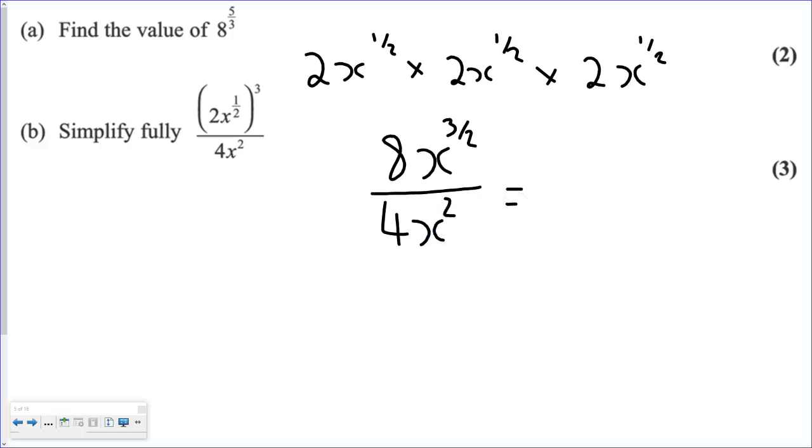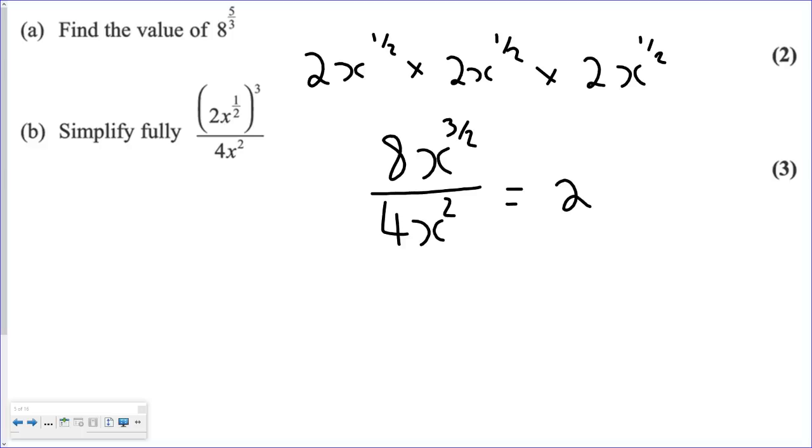What we now need to do is just to simplify this fully. Deal with the numbers first. 8 divided by 4 is just 2. Then we've got x to the power of 3 over 2 divided by x squared. So with dividing powers, remember when you've got your fraction, you're dividing the powers, you're just taking them away.